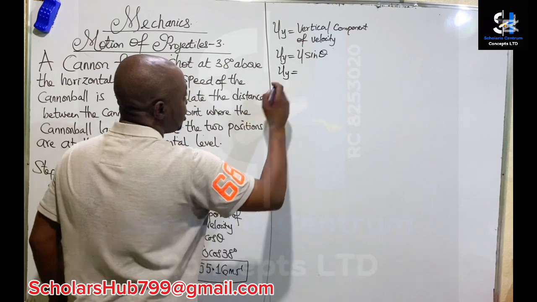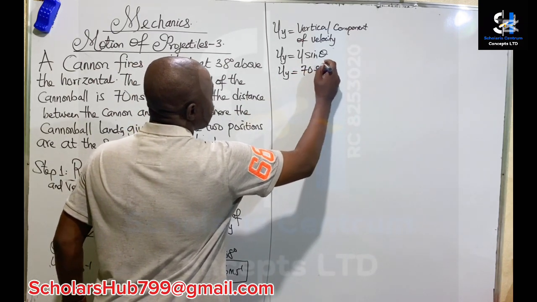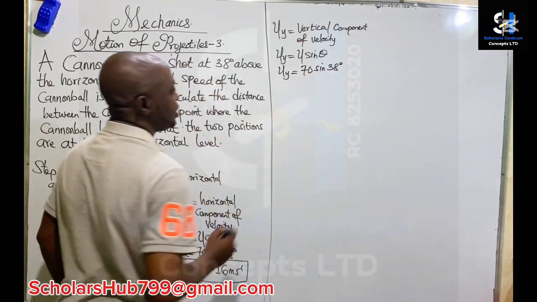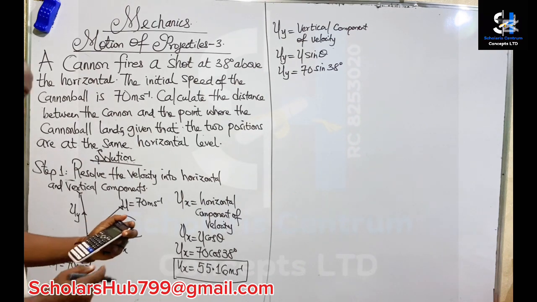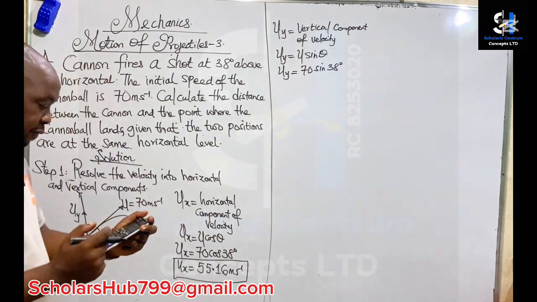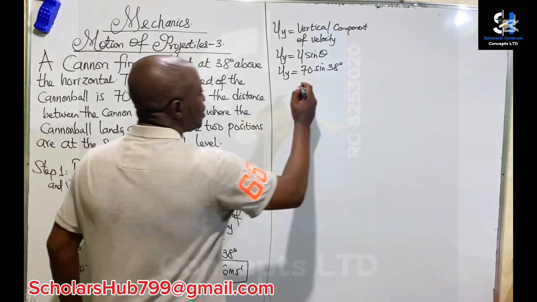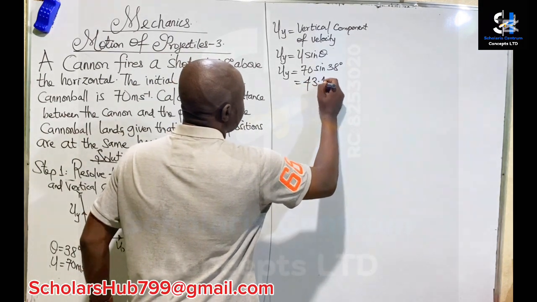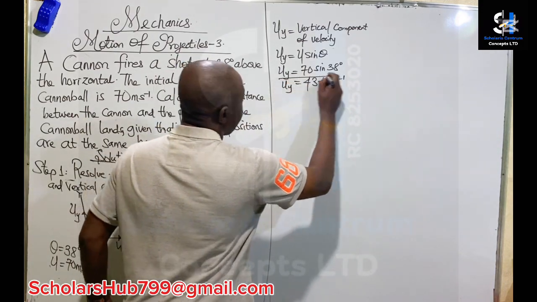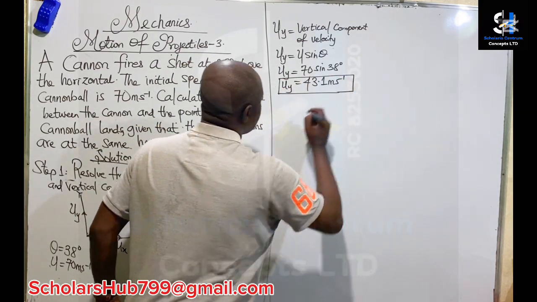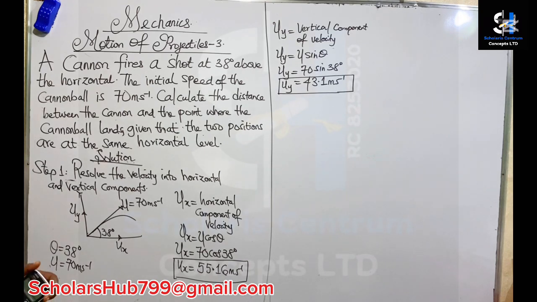So uy equals 70 sine 38 degrees, which is 43.1 meters per second. This is very important: uy is the vertical component of the velocity of projection, while the horizontal component is ux.